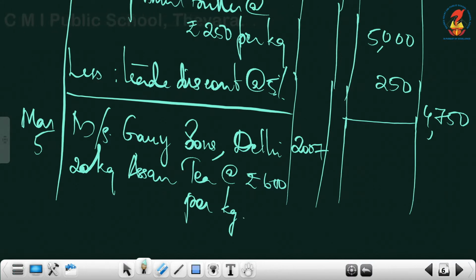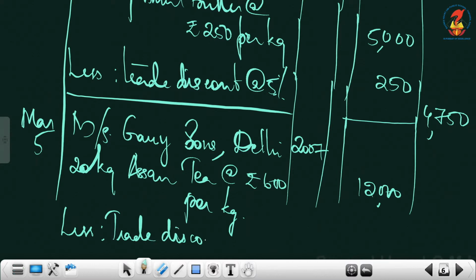Then trade discount. Okay, in this transaction we have freight and packing charges also that we have to add later after discount. So it is 600 into 20, 12,000. Then trade discount at the rate of 5% again. So less trade discount, the rate of 5%, that is 600.